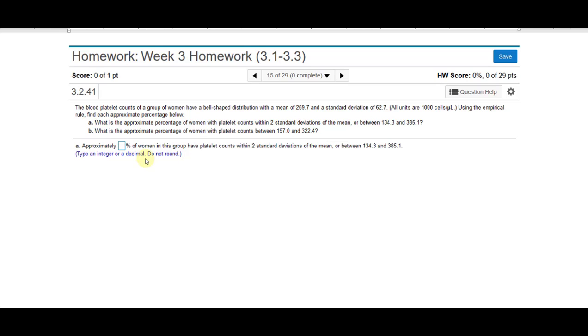Okay, so go back to the empirical rule from section 3.2. We know that we are given the bell shape, like this one, the bell curve. Now, the center is the mean. This is the mean, right?